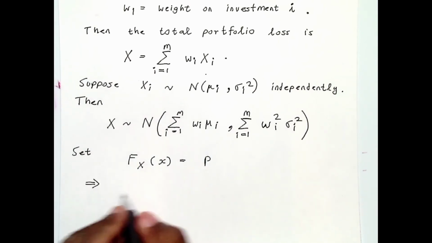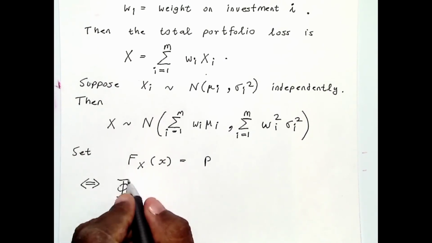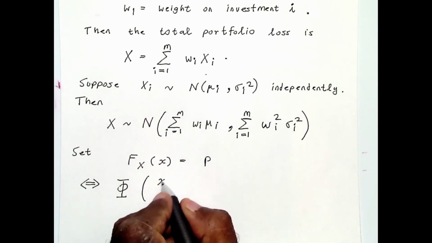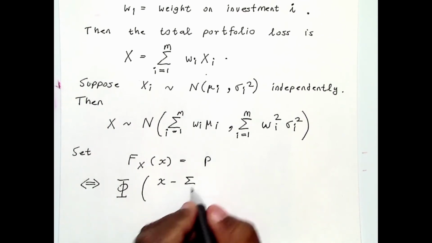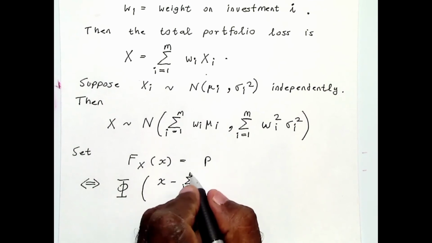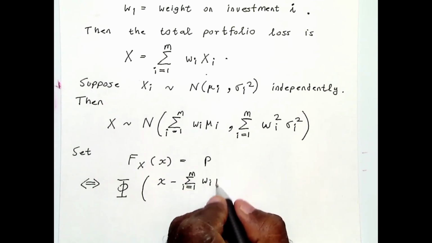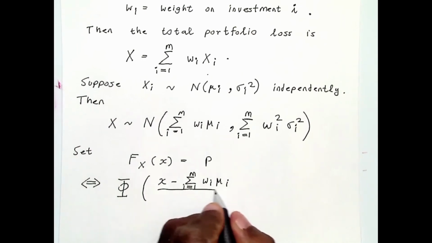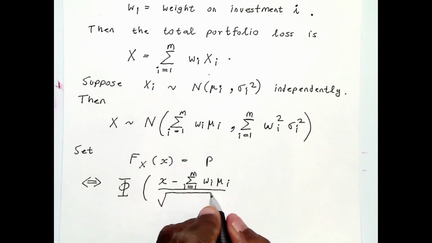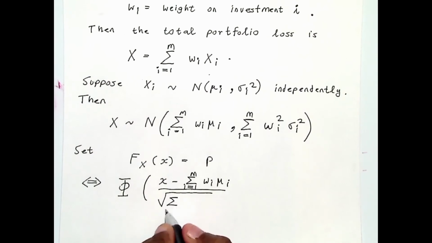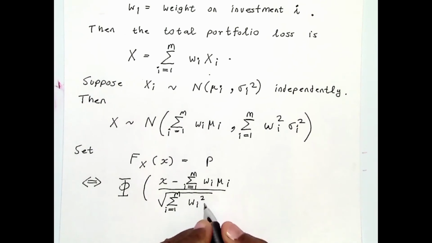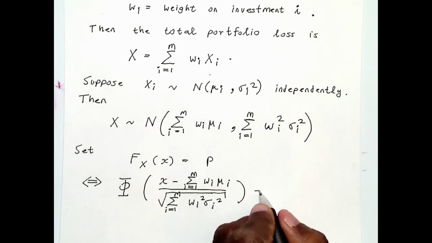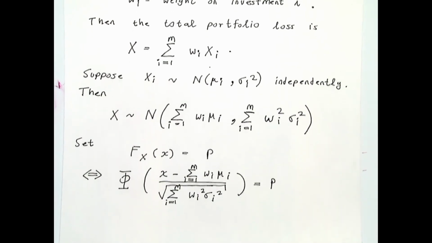Now, because x has this distribution, it means that the CDF of x is phi. Okay.